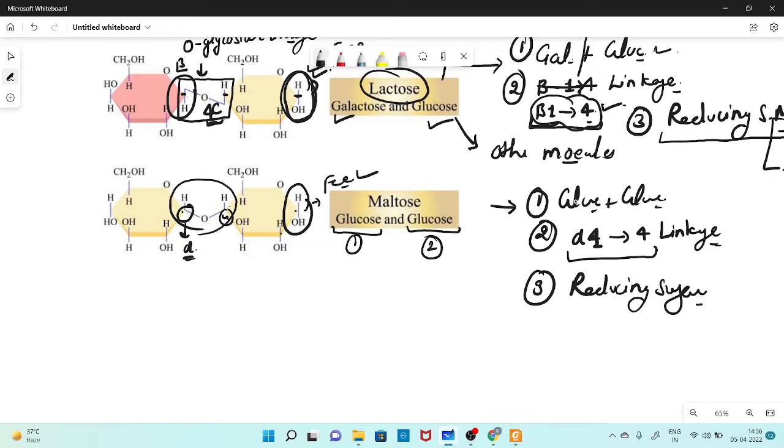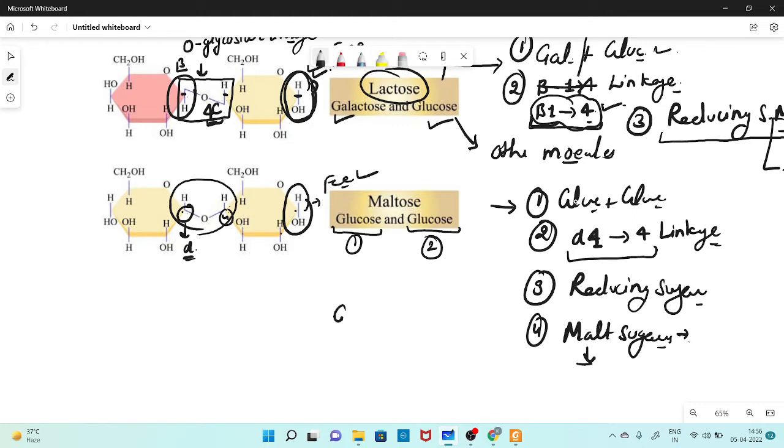right? These types of sugars are also called malt sugars, right? Why? Because when complex homopolysaccharides break into simple sugars, they make the maltose sugars.